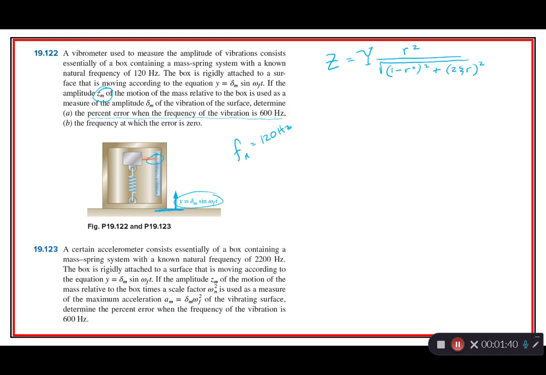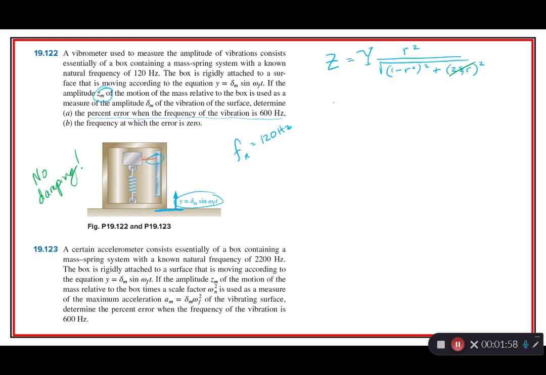Okay, so a couple things to start with, notably that there's no damping here, so that term is going to go away.